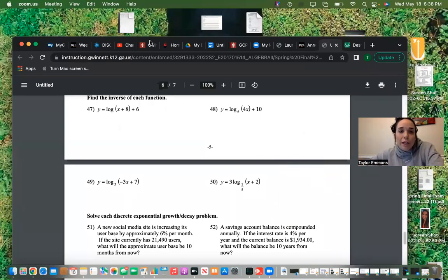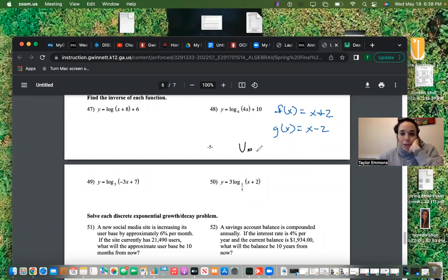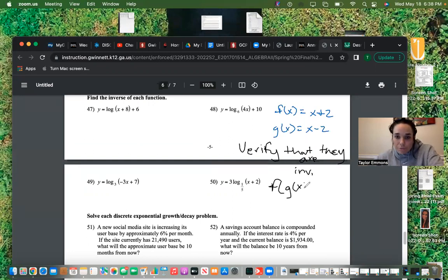Let's say that you had f of x and it equaled x plus 2, and let's say you had g of x and that equals x minus 2. And your question says verify that they are inverses. What you're going to do in that instance is the composition.